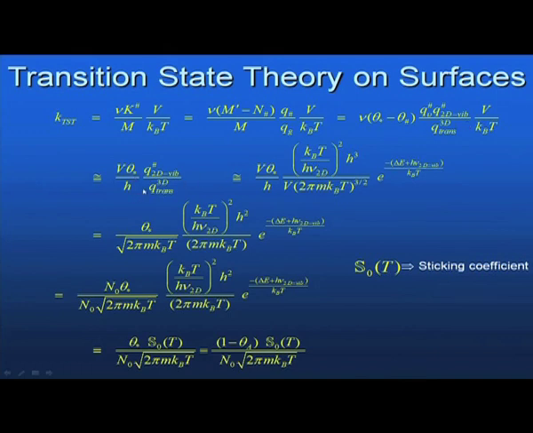So you end up with this expression, because nu is equal to kT by h, you can approximate this. So this is kT by h, thermal energy kT divided by h. So if you write in place of nu equal to kBT by h, then you end up with this expression.